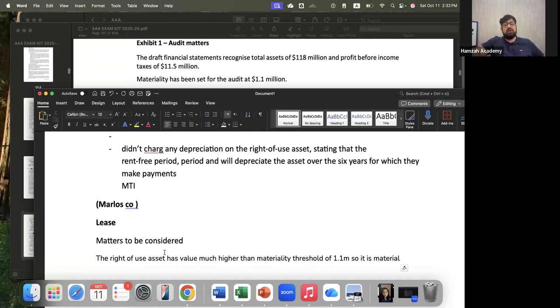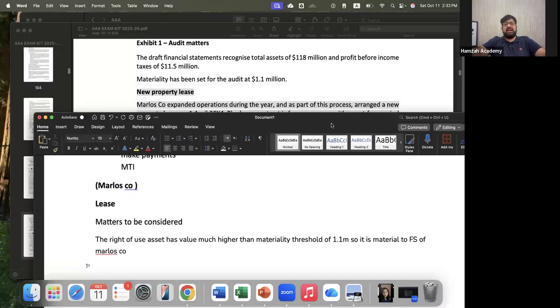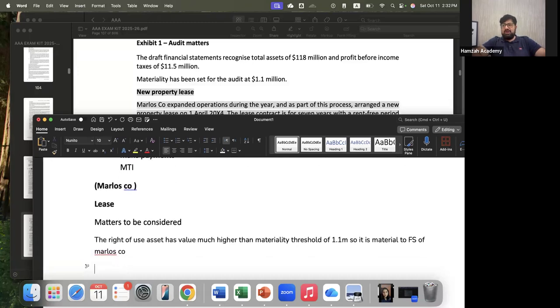So first of all, the right of use asset has value much higher than the threshold. So it is material to financial statement of Marlos company. So materiality. Now what treatment, what IFRS says?